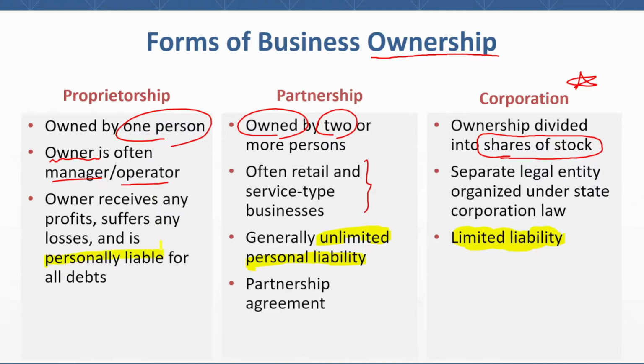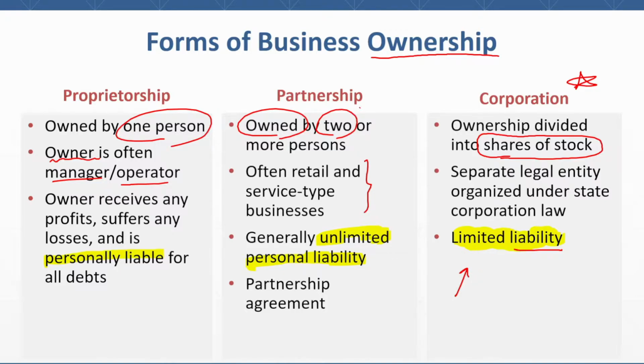It means if the company goes bankrupt, then in corporations, owners' responsibility is limited. They don't need to be worried about paying all debts to the lenders out of their own money, out of their own pocket. Their liability is limited to their investment amount.